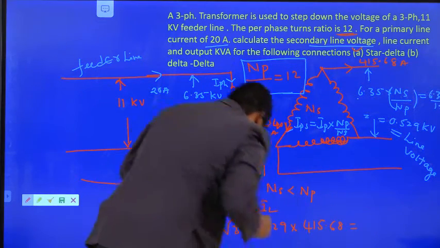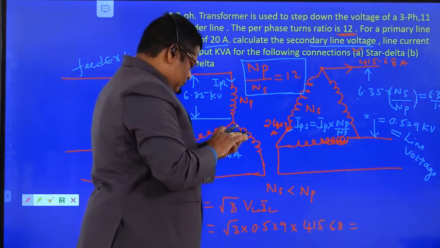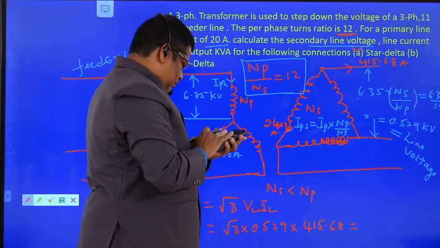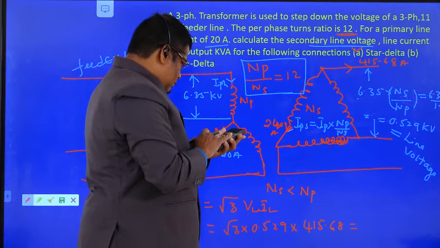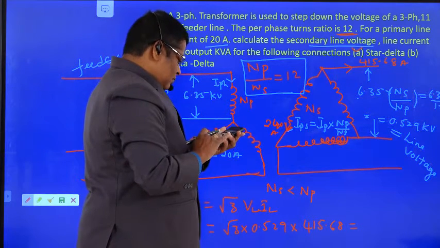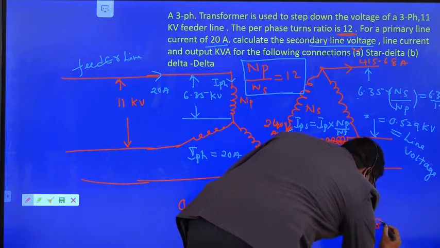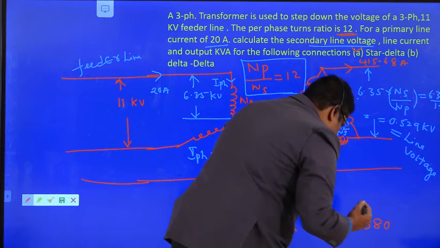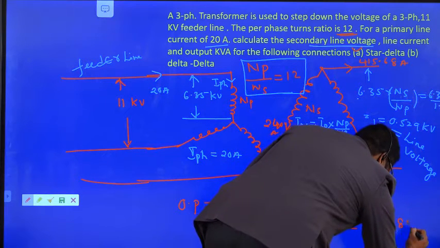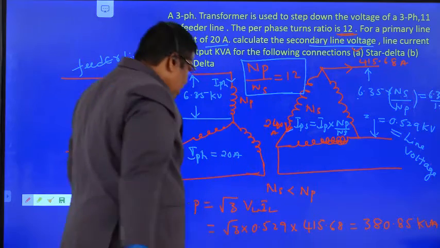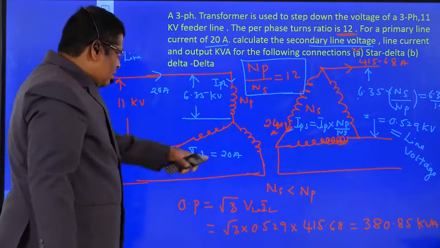We are getting the value 380.85 kVA. This is the rating of the transformer.